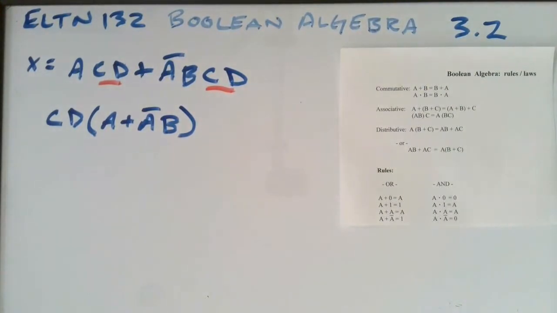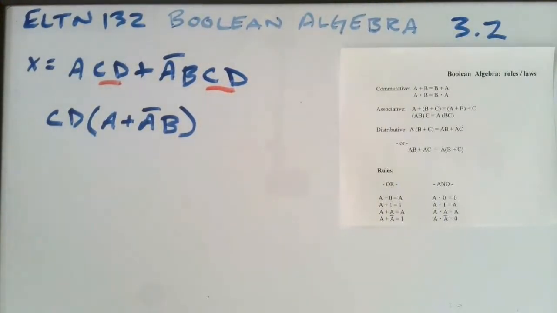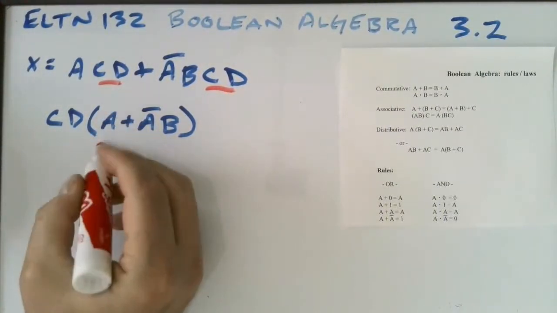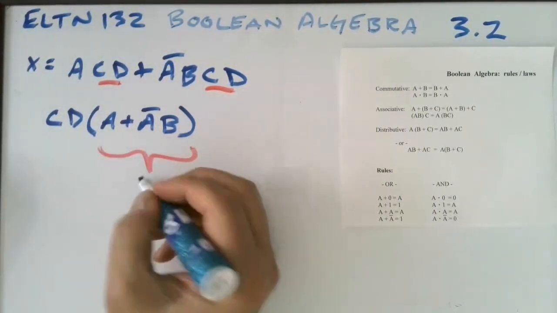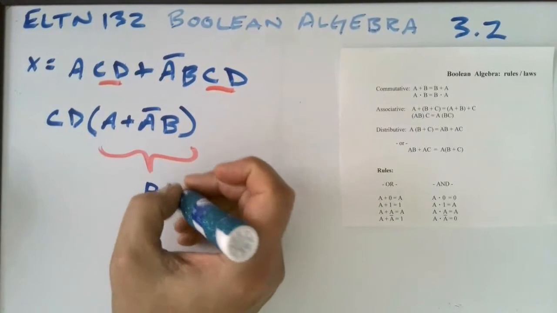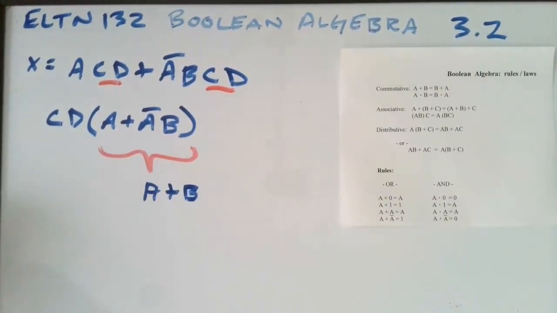Okay, now, based on the last video, we discovered that this term here, A or A naught and B, can be reduced to simply A or B. So that's one you want to keep in mind. If you see that, that'll pop up.